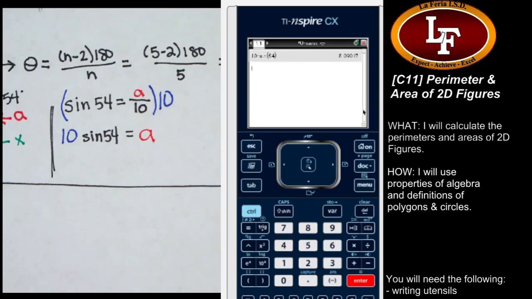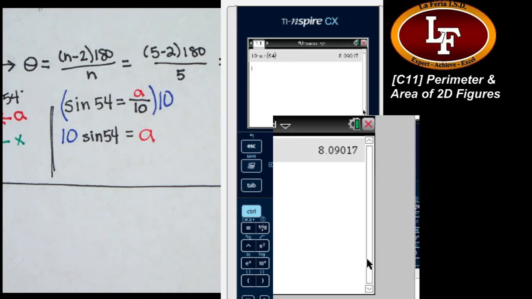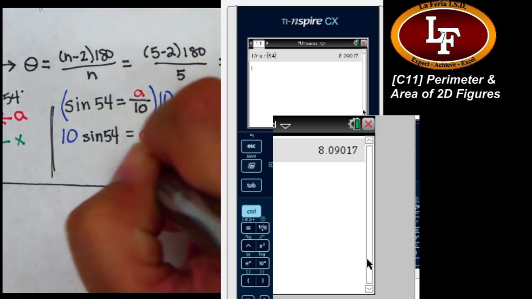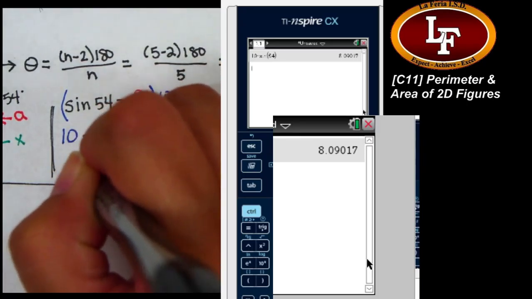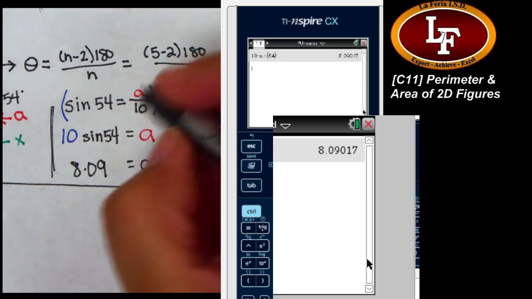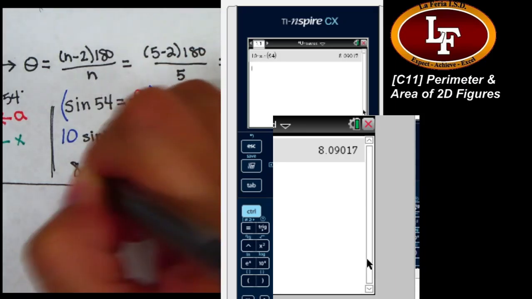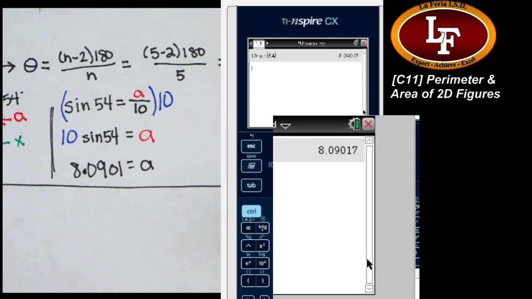Hit enter, and when you're done, we have calculated, let me zoom in on it, there it is, that the value of the apothem is 8.0901. Now I'm going to go ahead and keep 4 decimal places for the moment. The answer says round to the nearest tenth, so at the very end you have to round it, but for now we can leave it at this.